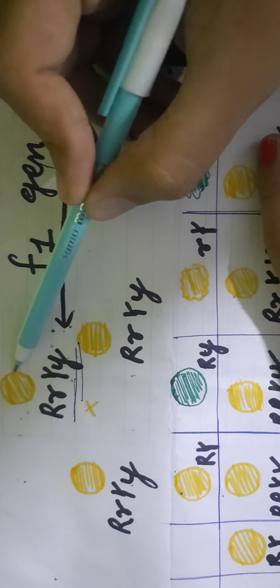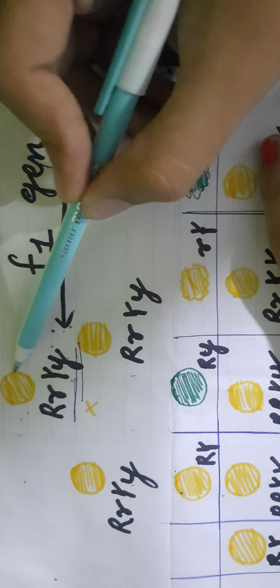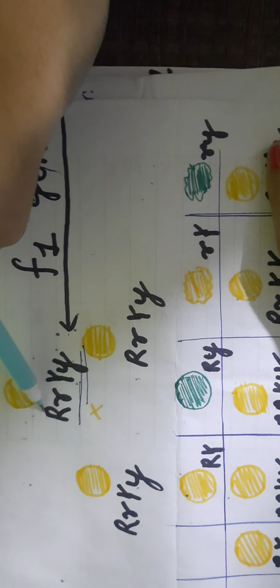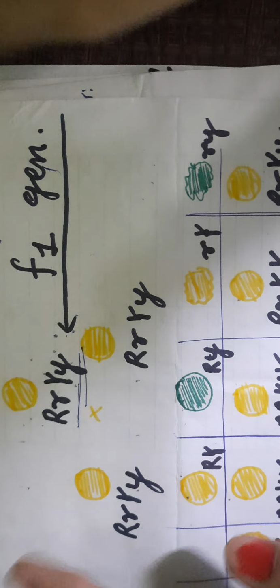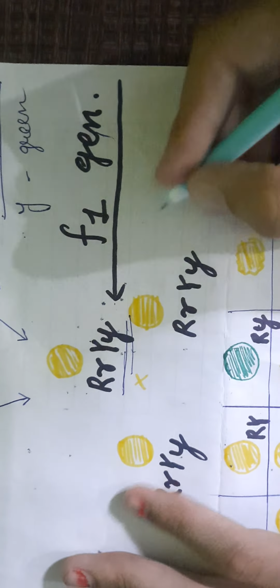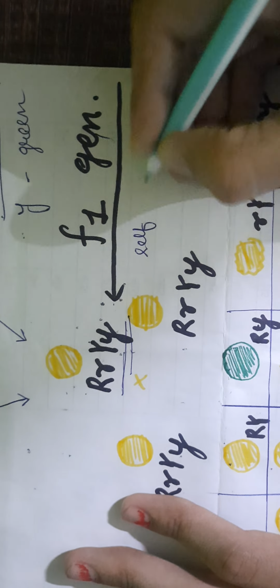And what kind of seed is this? Here there is capital R and here capital Y, so the progeny has the dominant condition for round shape as well as for yellow color. Now this progeny is self-fertilized.